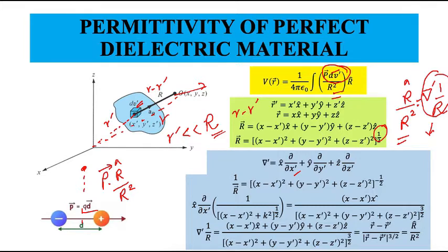Now you can try and find out whether this equation is true or not by writing 1 by R as x minus x dash square plus y minus y dash square plus z minus z dash square to the power of minus 1 by 2, right? 1 by R. Now applying the del operator.